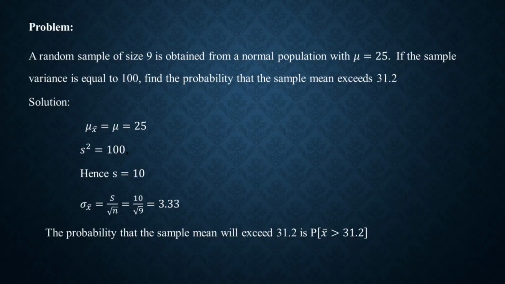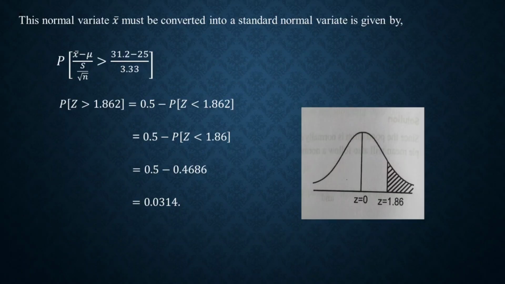So, the probability that the sample mean will exceed 31.2 is P of x bar greater than or equal to 31.2. Now, the normal variate x bar must be converted into a standard normal variate. So, we have P of (x bar minus mu) by S by root n greater than or equal to (31.2 minus 25) by 3.33.